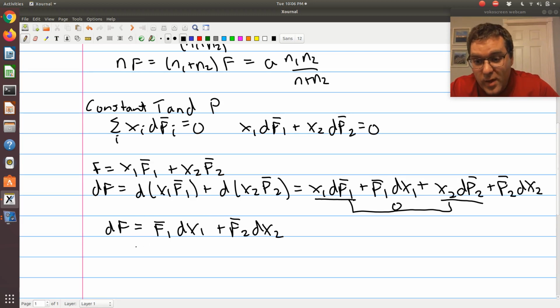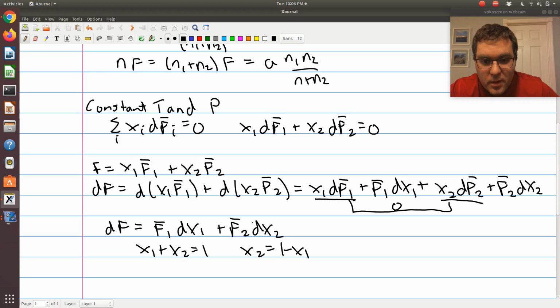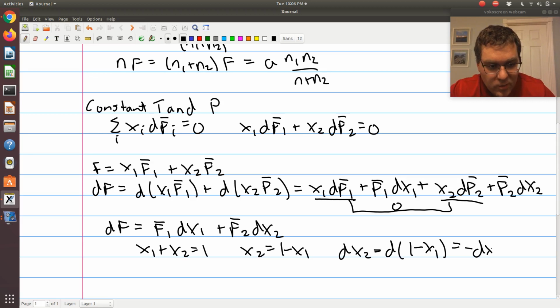So we know x1 plus x2 is equal to 1, so x2 is equal to 1 minus x1. These two terms are not independent, so we're going to eliminate dx2 in favor of dx1. There's really no use having the two, they're the same. If x2 is 1 minus x1, then dx2 would be the differential of 1 minus x1, which is just negative dx1.